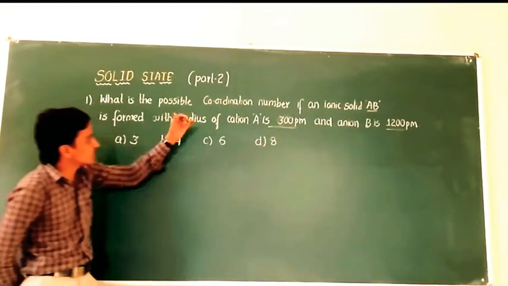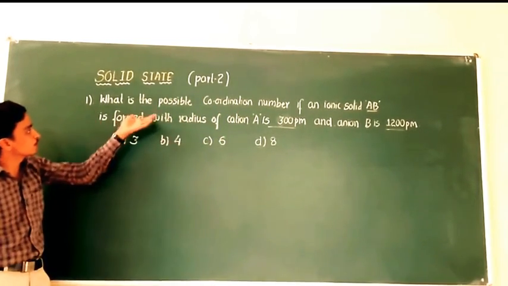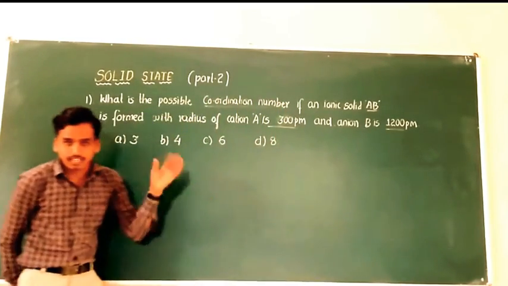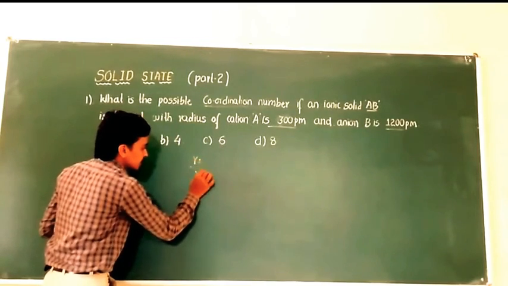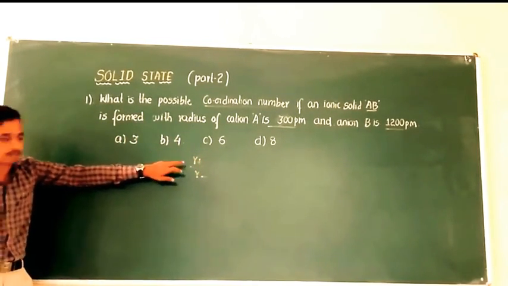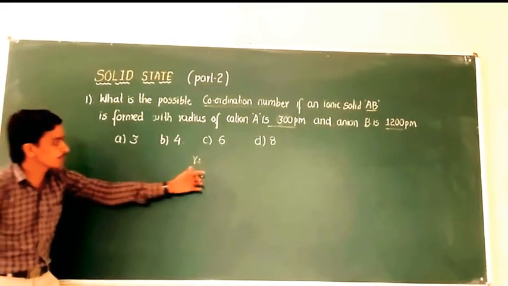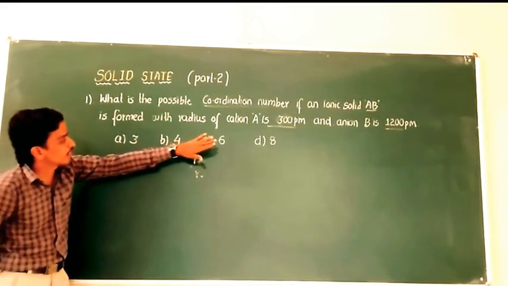You already know the concept of the radius ratio. The radius ratio is utilized for the determination of the coordination number. According to the definition, it is r plus divided by r minus, the radius of the cation divided by the radius of the anion, and the number you get decides the coordination number.